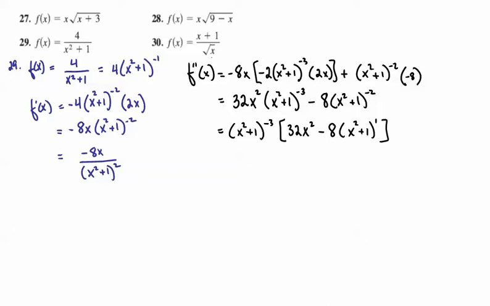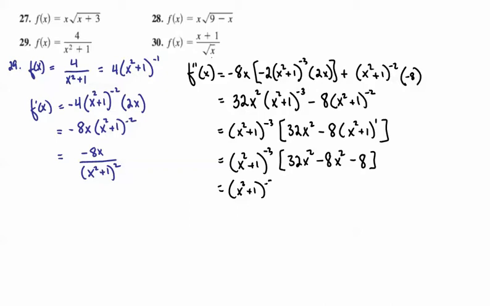So we can simplify again, and we would get 32x squared minus 8x squared minus 8, or (x squared plus 1) to the negative third times 24x squared minus 8.